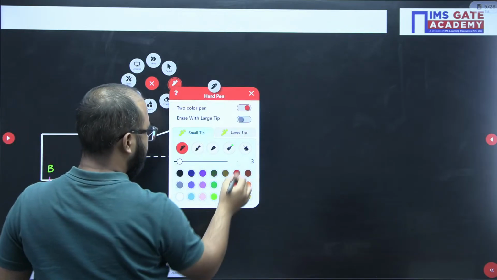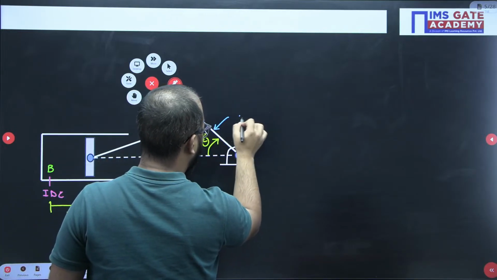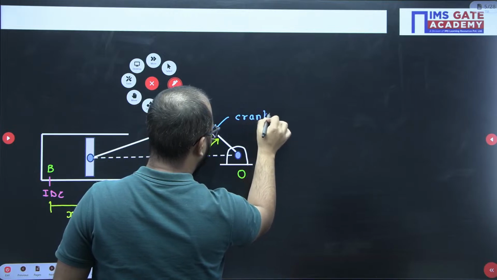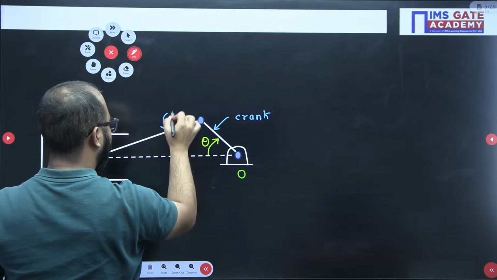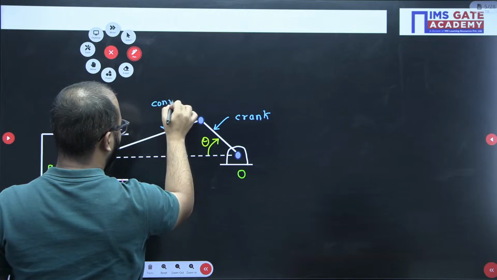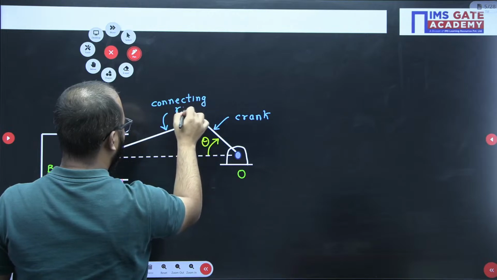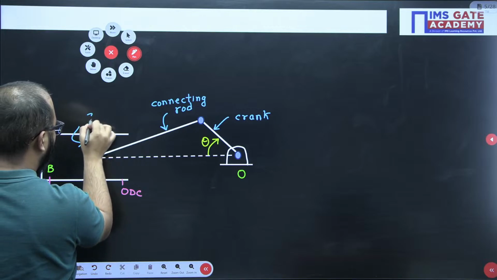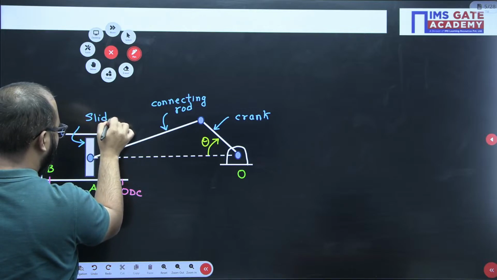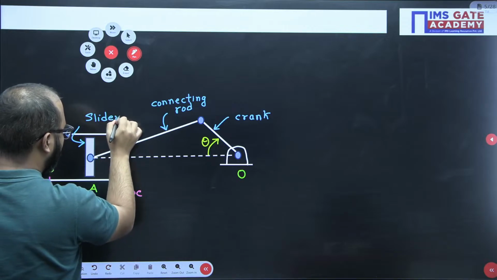Let me just mention all the names here. This is our crank, right? This is the connecting rod, right? This is our slider, or you can also call it the piston.